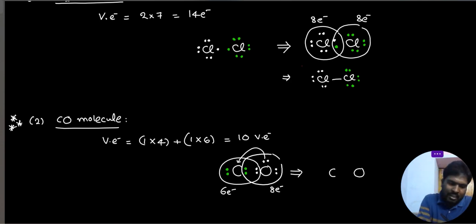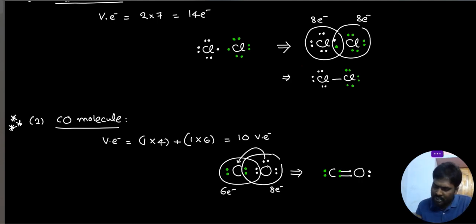So now carbon and oxygen: two electron pairs can form one double bond. This electron pair and this electron pair we can write like this, carbon electrons and oxygen electrons.